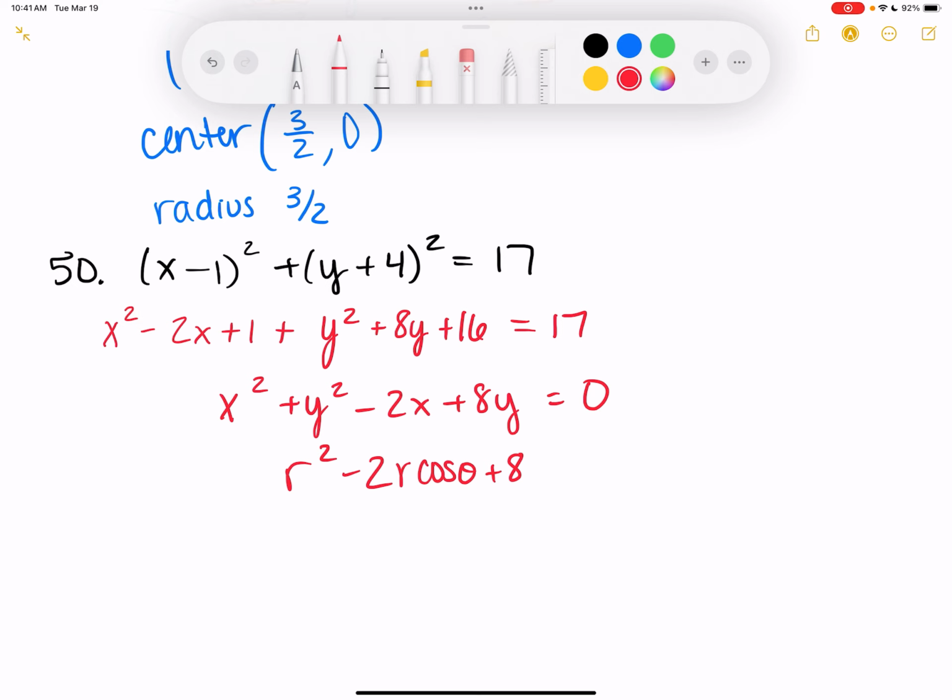Plus 8 times r sine theta still equals 0. Now, is there anything I can factor out? Yes, an r. So I'm left with r times the quantity r minus 2 cosine theta plus 8 sine theta.